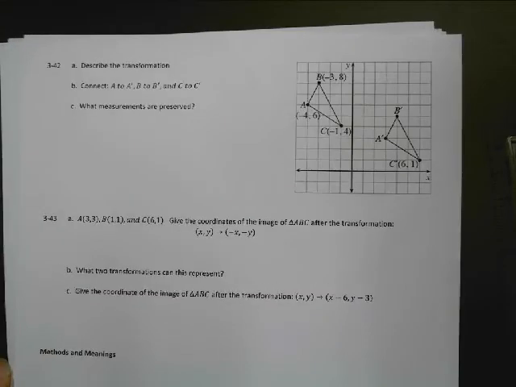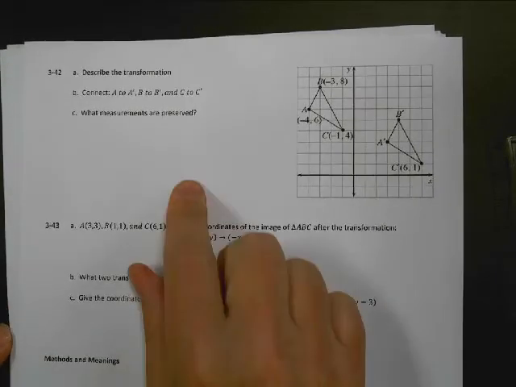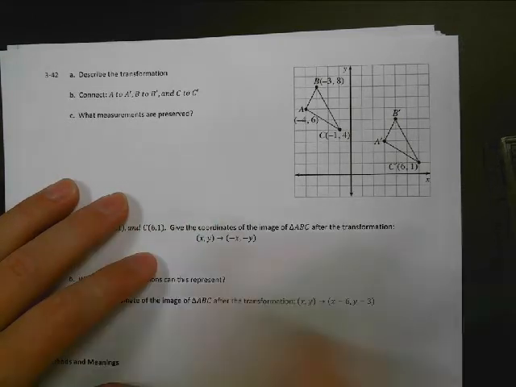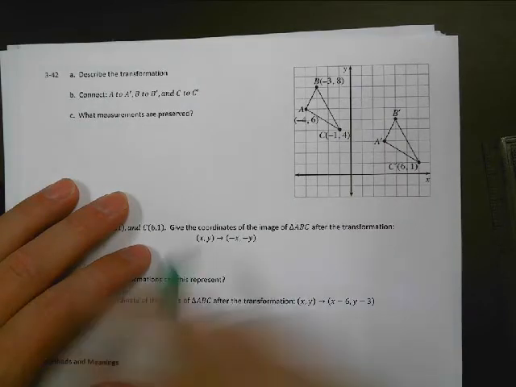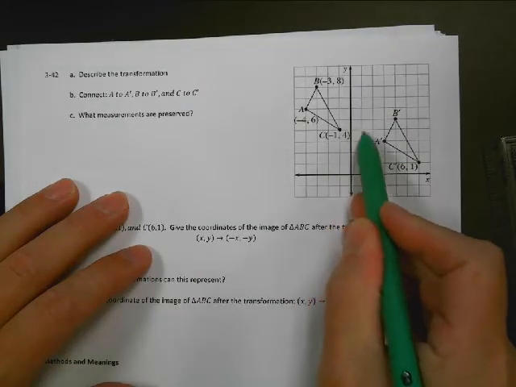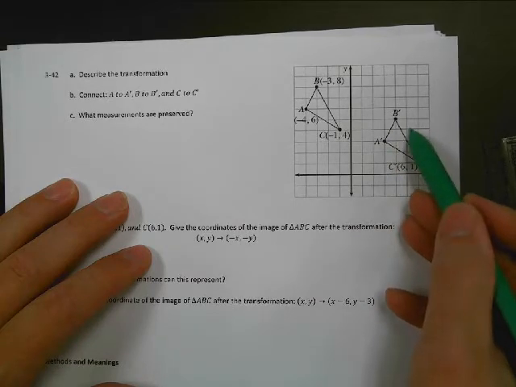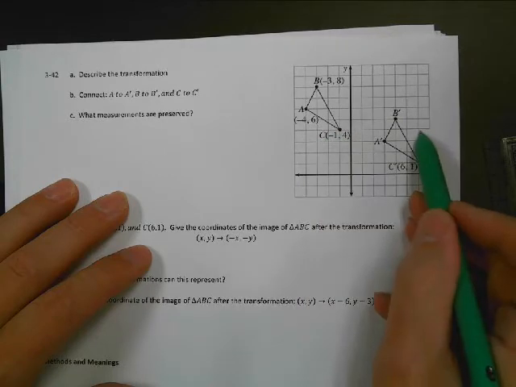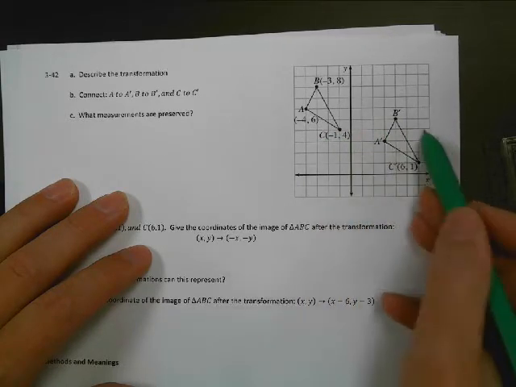3-42. We're going to describe the transformation. Describe it first. Okay. Well, it's facing the same way. Let's see. C goes over 1, 2, 3, 4, 5, 6, 7, and down 3.